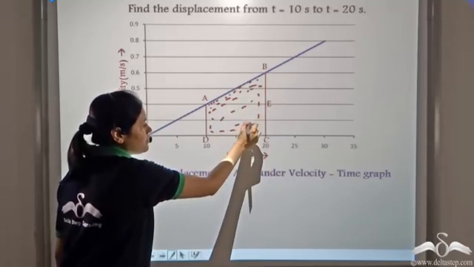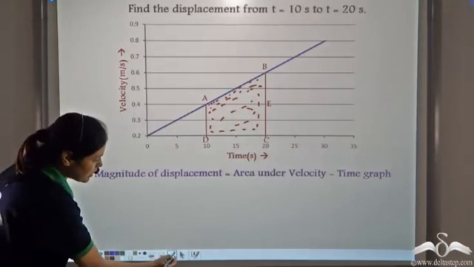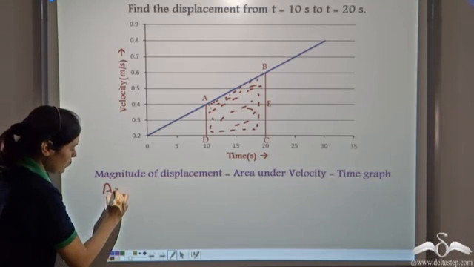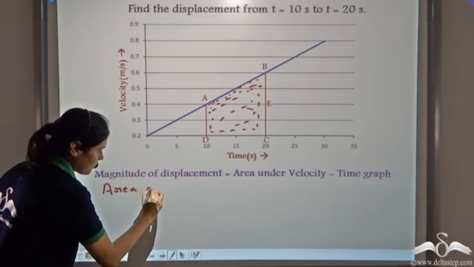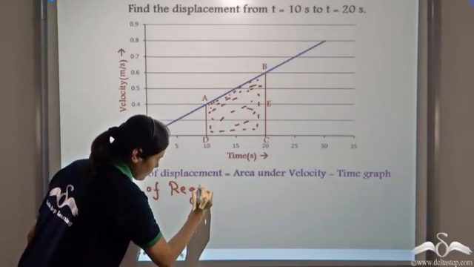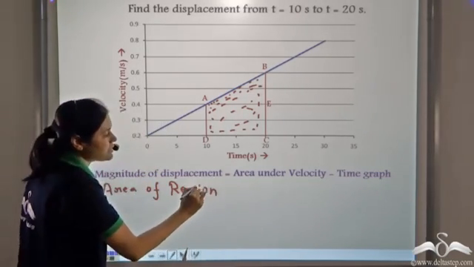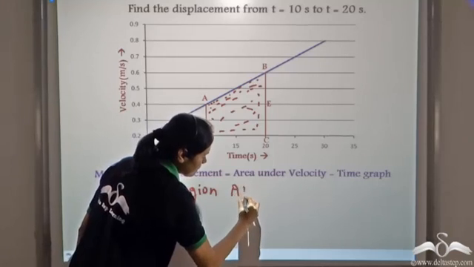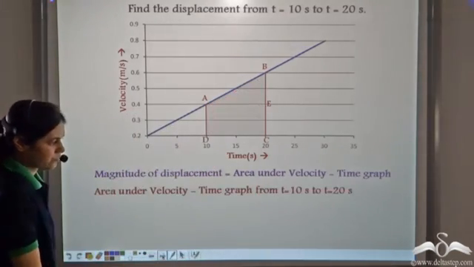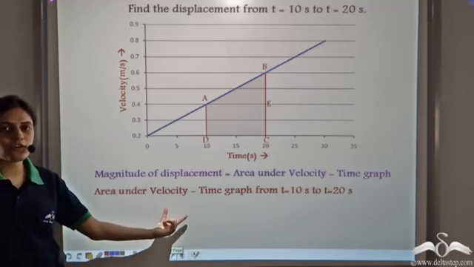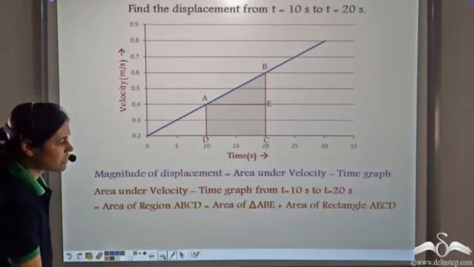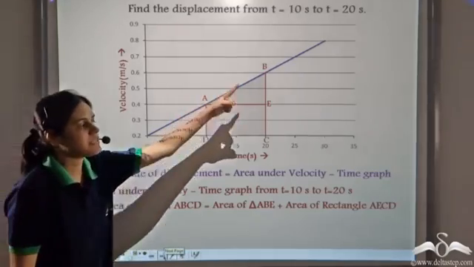This area is nothing but the area of region ABCD. So area under velocity time graph from 10 seconds to 20 seconds is equal to area of region ABCD.